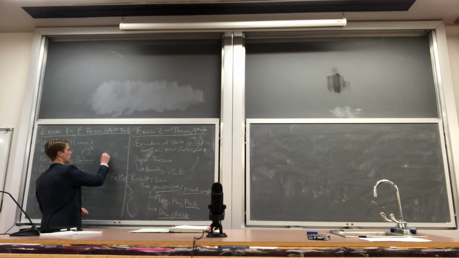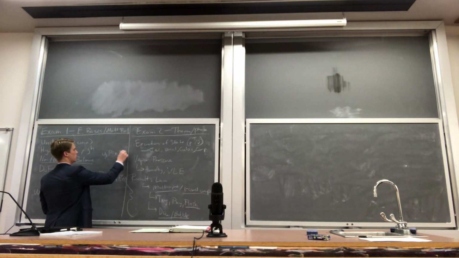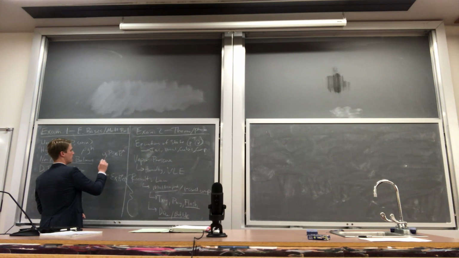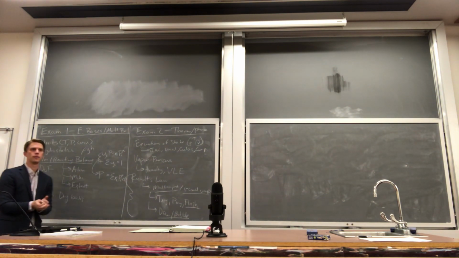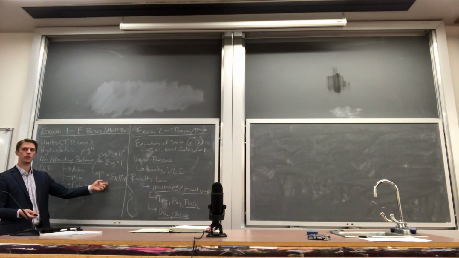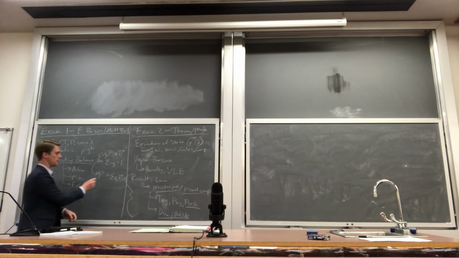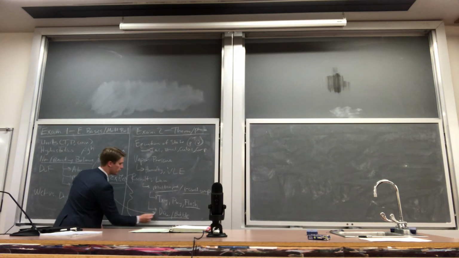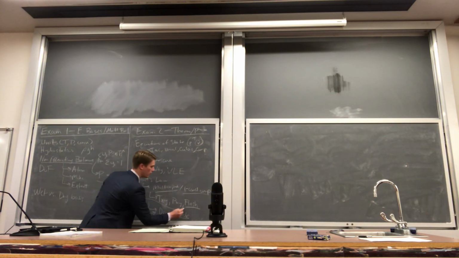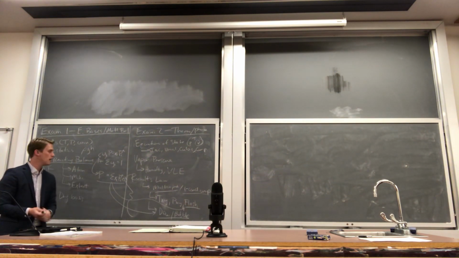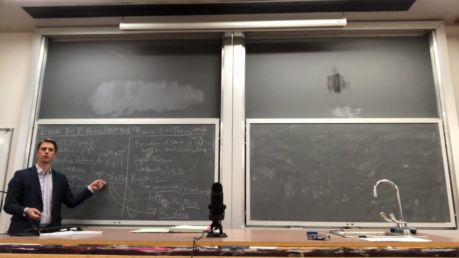So in this case, we took yi P equals xi P star, plus the summation of yi equals 1. That is how we derive this equation. But to derive this equation, we've made no assumptions mathematically. But then to take this equation and decide, am I going to do a dew or bubble point calculation versus a flash calculation, that's where I start to insert my assumptions.